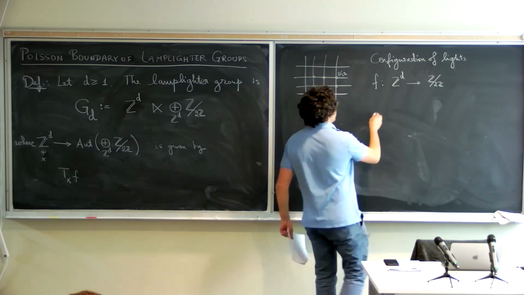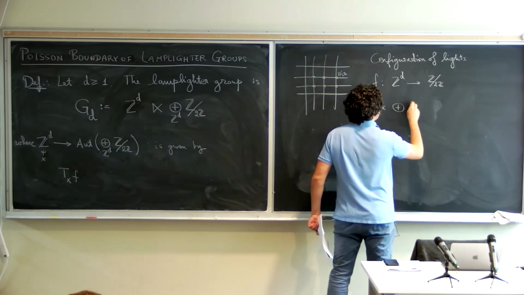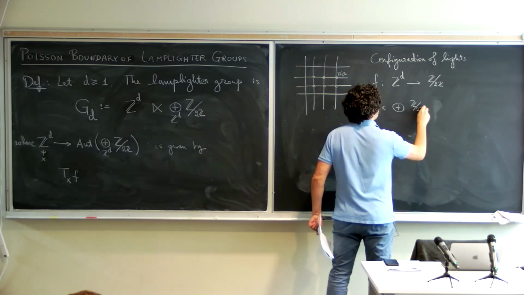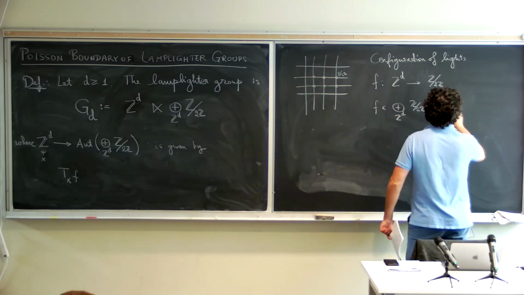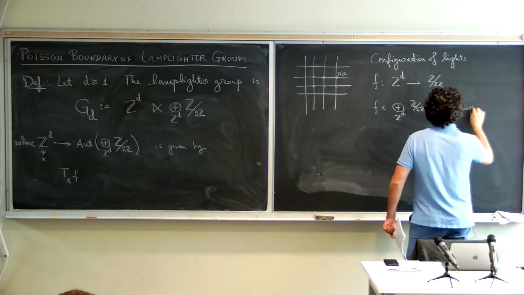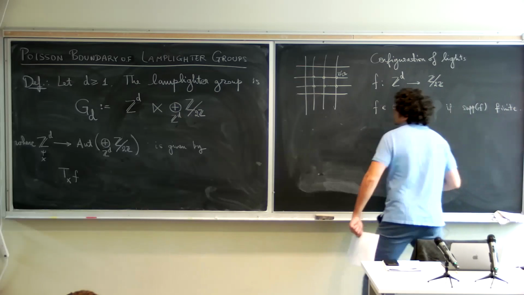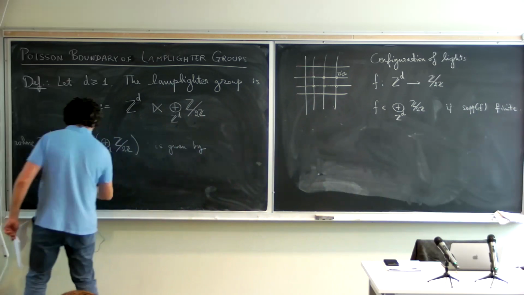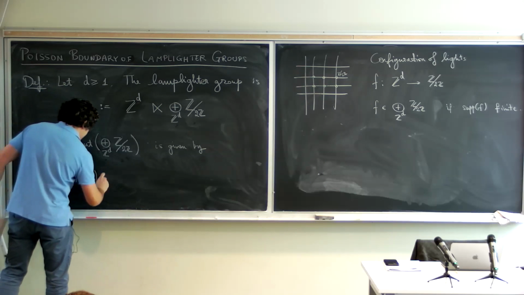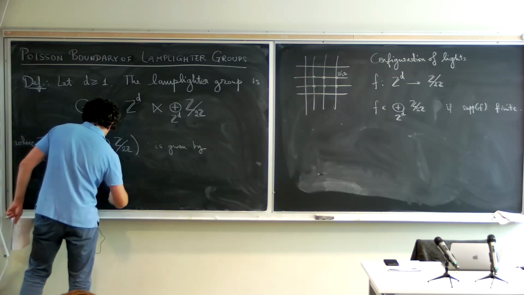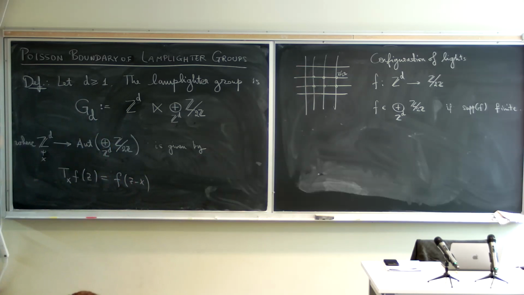So in that sense, you can say that this F is an element of this product, supposing that the support of F is finite. Okay, so the action here is just that for every other point Z in the grid, the action is F of Z minus X.